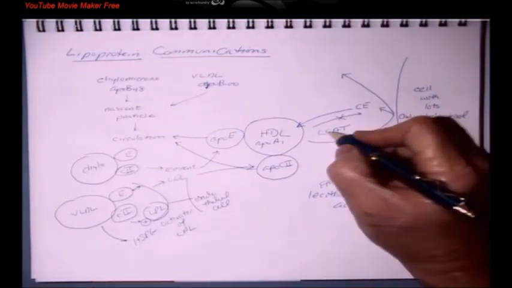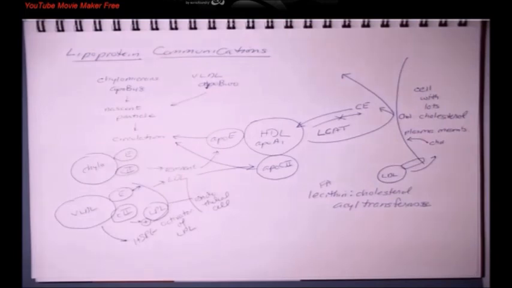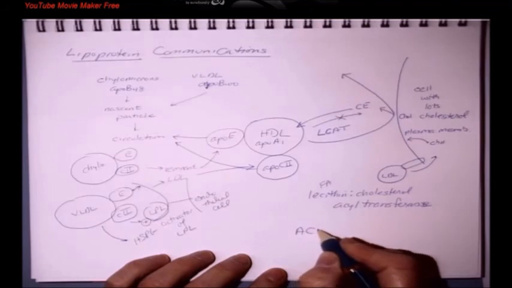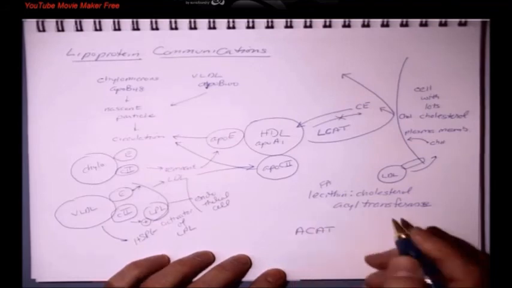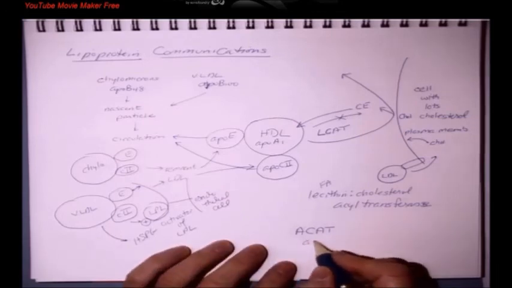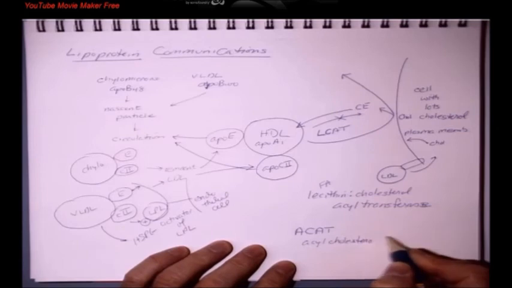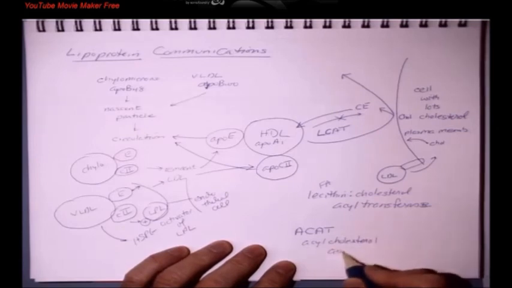Now, as it turns out, LCAT is a very important enzyme for you to remember. And the reason for that is, do you remember the other CAT enzyme we saw? ACAT. Do you remember what ACAT does? It seals fatty acid for prevent reverse transport. Yeah, acyl cholesterol acyl transport.